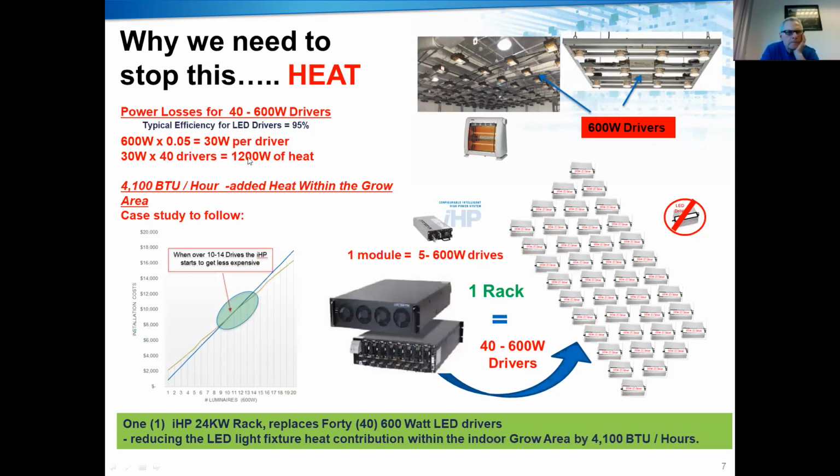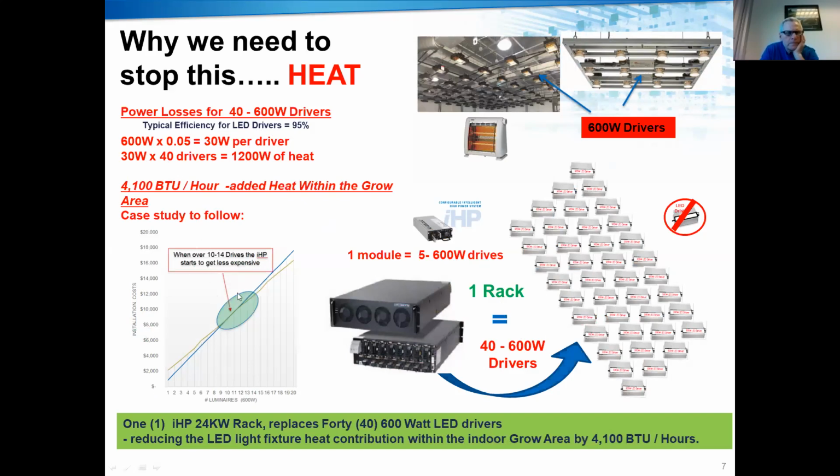When you multiply it all out, it's 1,200 watts, or 4,100 BTU an hour that you have to handle within a room that has 40 of these. If you can put this outside in an electrical closet, you save that much heating that you have to handle.